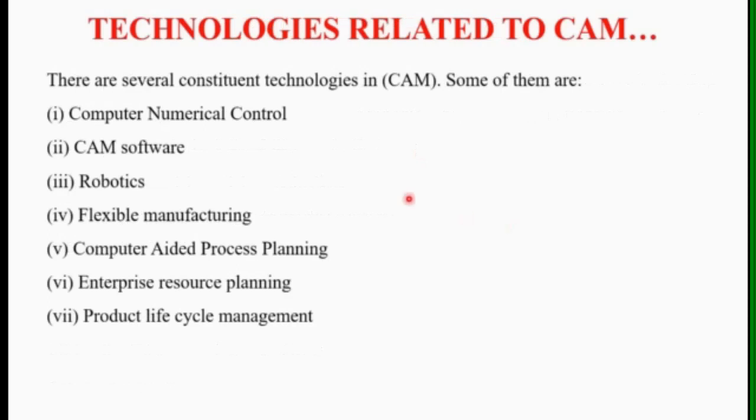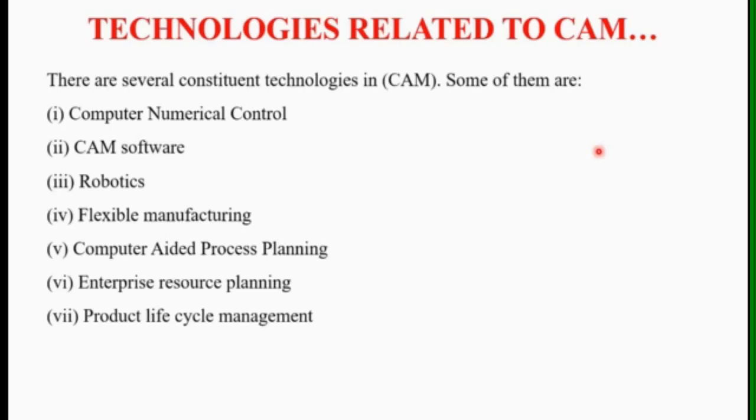Then here we will see the technology related to CAM. There are several technologies in CAM, and we will see a few of them here. First of all, computer numerical control. This is the technology which is mostly used in CAM. The computers are used to control the machine, or numerical control programs are provided to these machines.